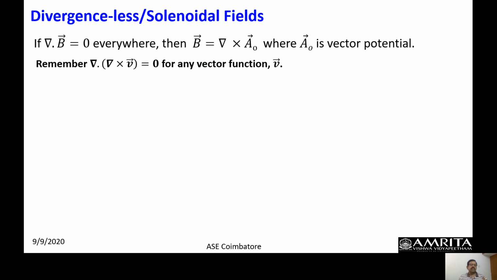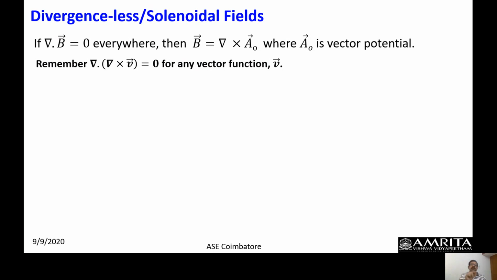Let us bring the divergence theorem to the front. What does the divergence theorem say? The volume integral of the divergence of a vector function is given by the closed surface integral of the vector function itself.